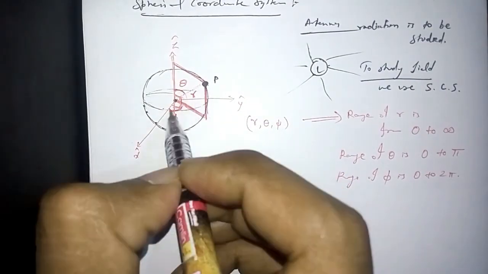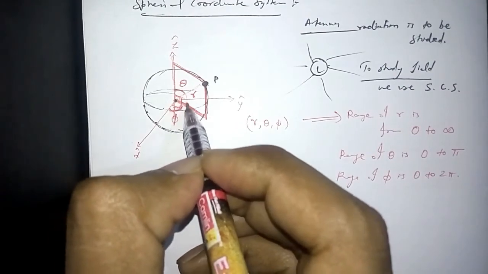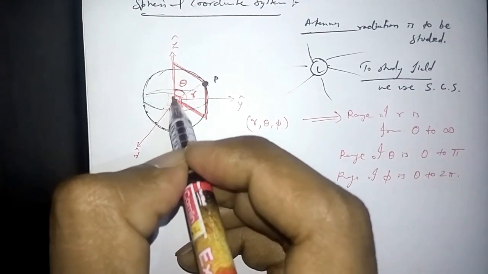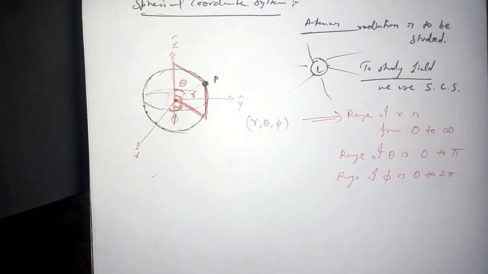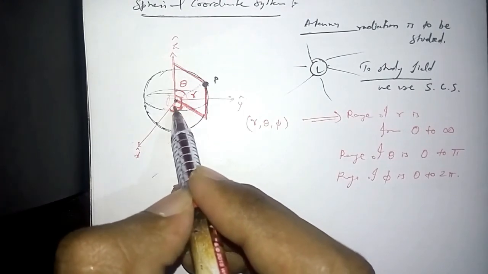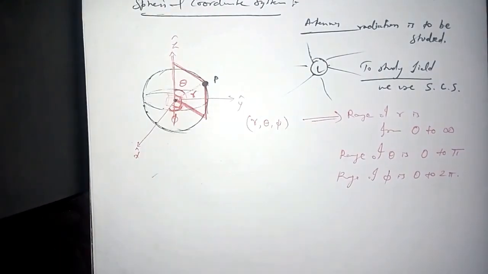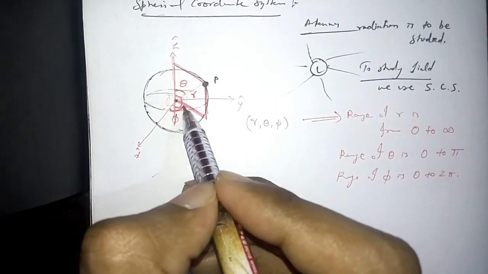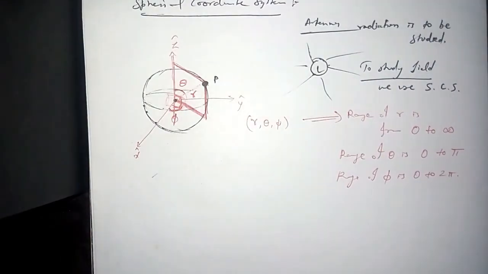Theta has variation between 0 to pi only, and phi has variation of 360 degree, which is 2 pi radian.